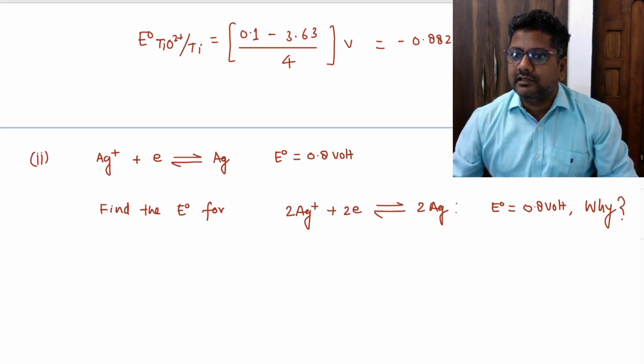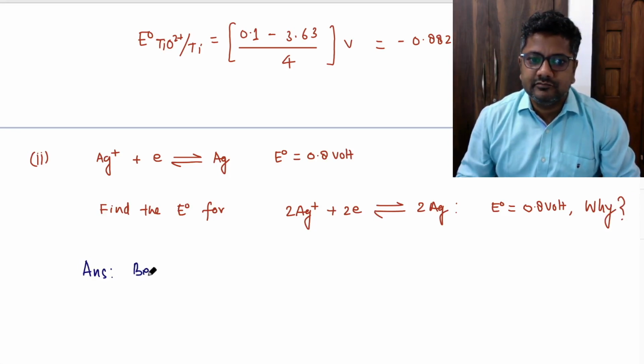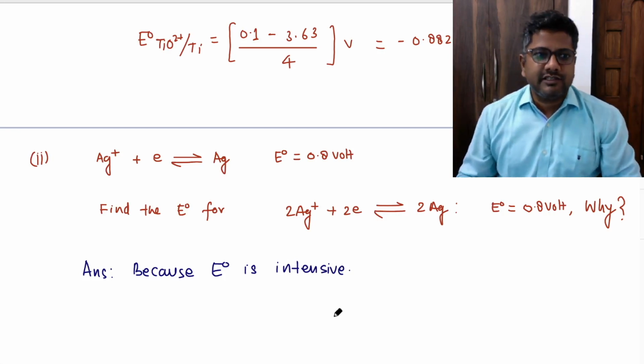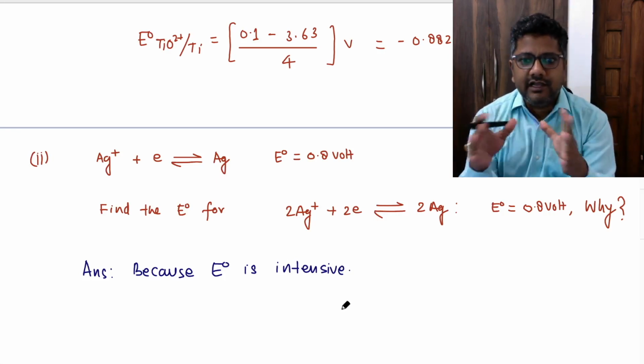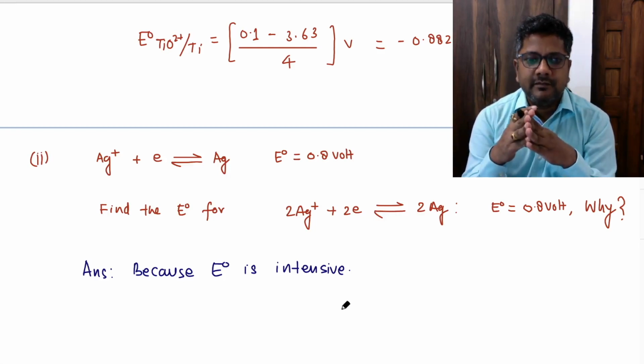So what is the answer, dear students? Answer, because E naught is intensive. And if any property is intensive, then if you divide any equation or multiply any equation, that property will not change. Note down, this is very important point, right?